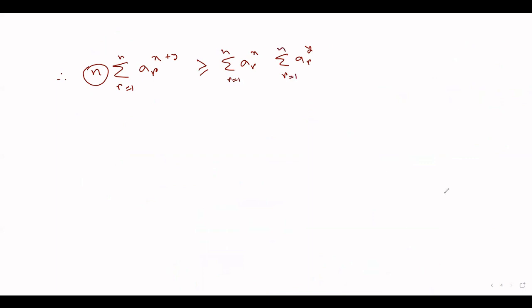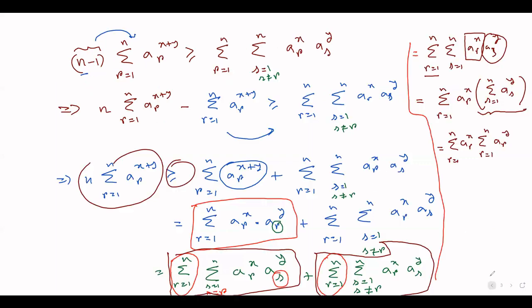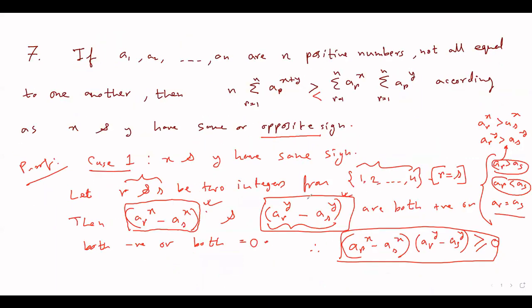Now this is just case 1. Please let me know if you have any kind of confusion anywhere in the proof for case 1. All right. Now, case 2 is X and Y have opposite signs.